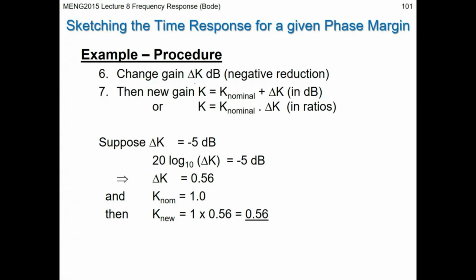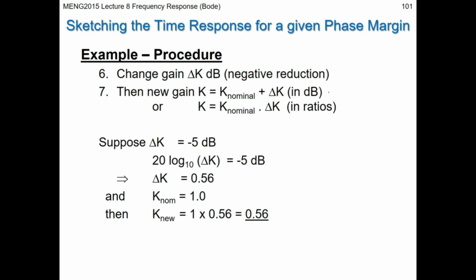So if the change of gain is delta K decibels, then the new gain is going to be our nominal gain, which we normally leave as 1, plus our delta in decibels.